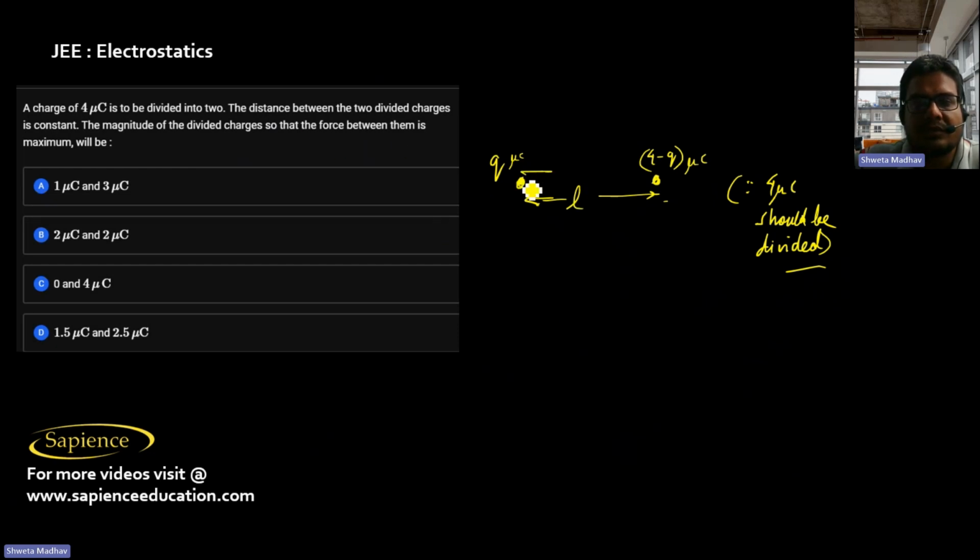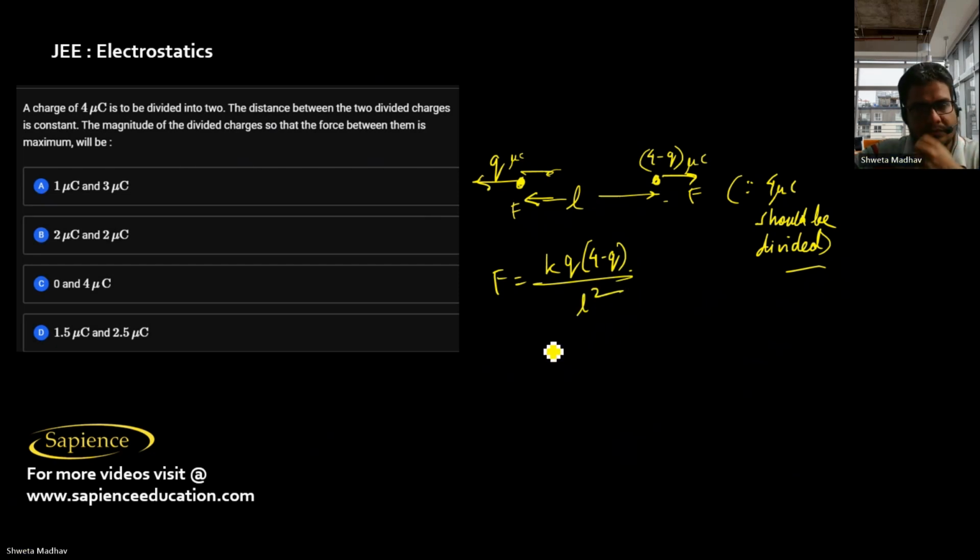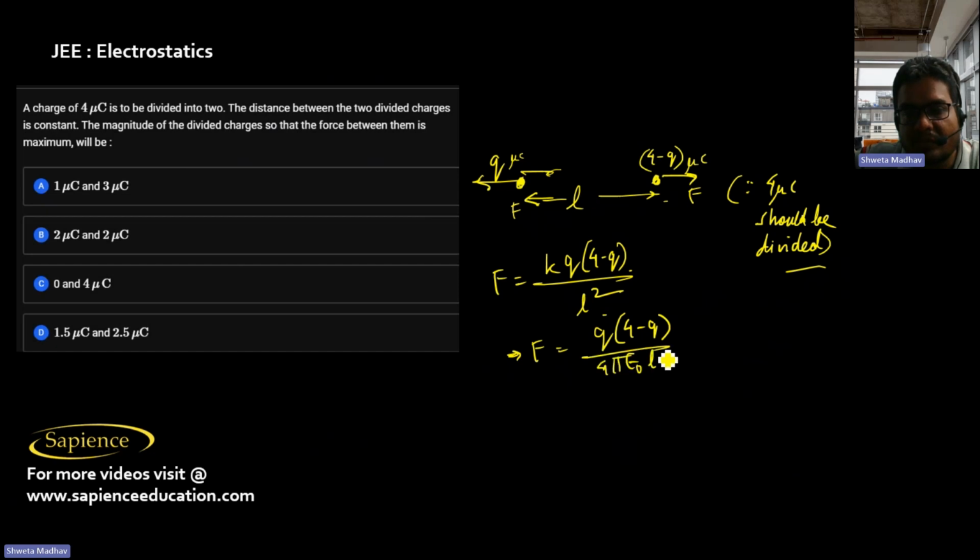So the repulsive force acting between them should be maximized. F will be equal to K q1 q2 by L square, so F is a function of q, which is q into 4 minus q by 4 pi epsilon naught L square, where L is kept constant.